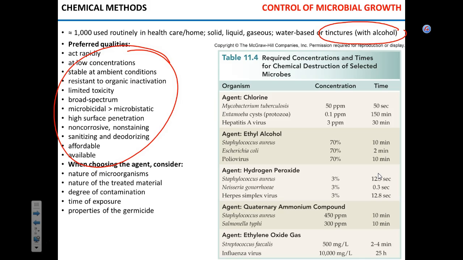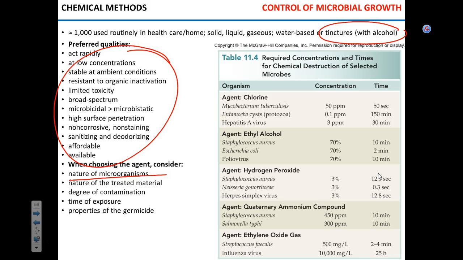We're going to discuss a spectrum of different chemicals that are used in different settings, depending on what you try to achieve. So we have to consider the nature of the microorganism, what you try to destroy. Do you try to destroy endospores, or can you just get away with killing vegetative cells of bacteria? What are you treating?